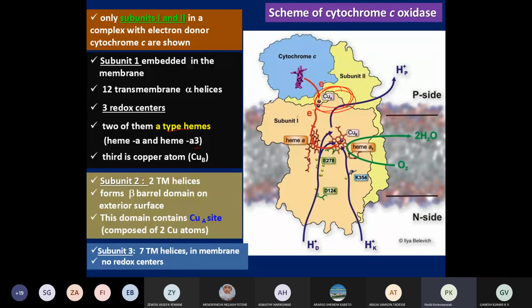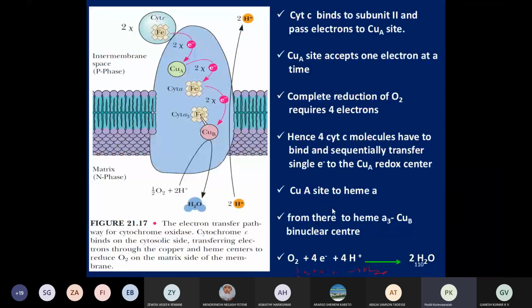What exactly happens in this process is that the mobile electron carrier, cytochrome C, takes the electrons from complex 3 and passes them on to complex 4.